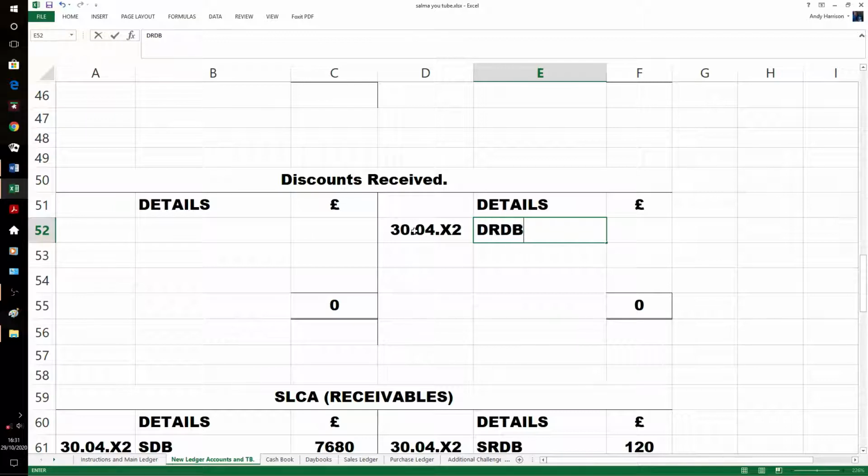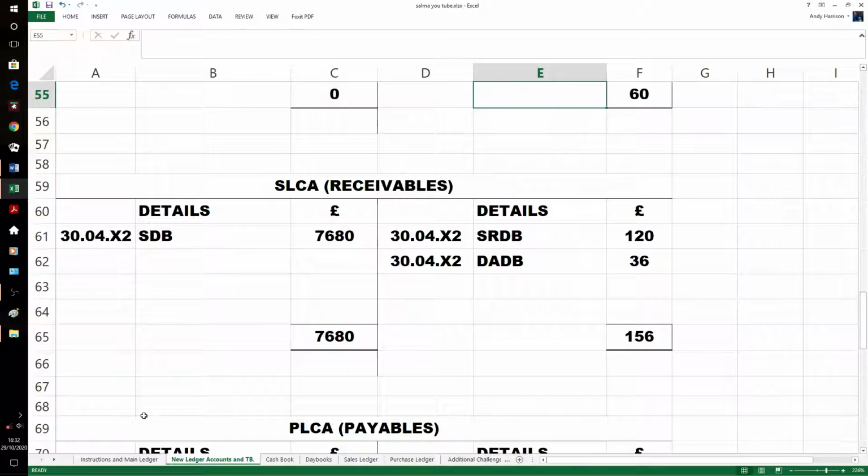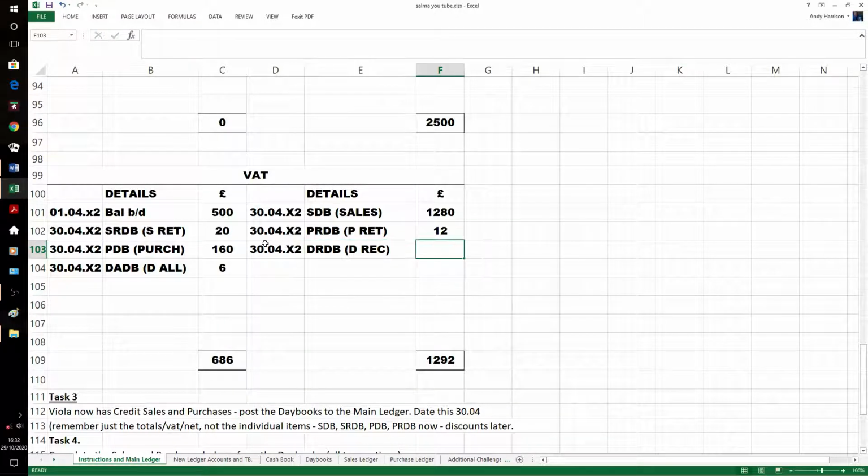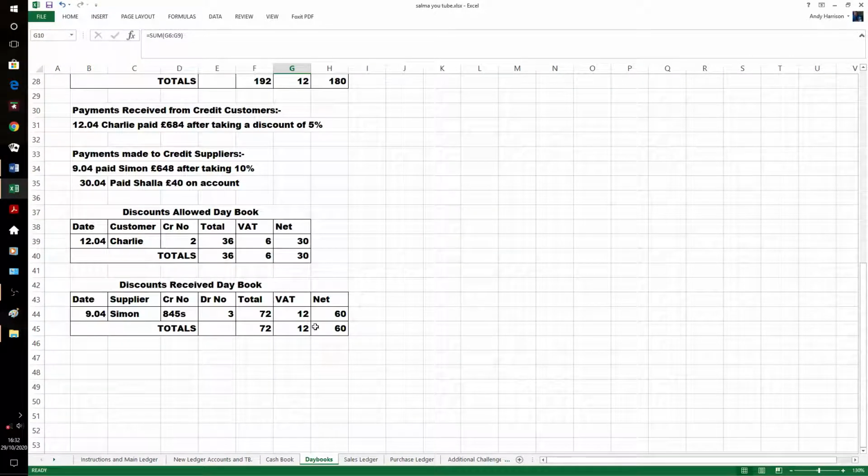Discounts received day book. £60. VAT. £12. So we've done the 60, we've done the 12, now we need to do the 72.